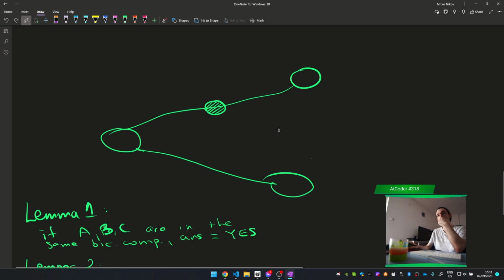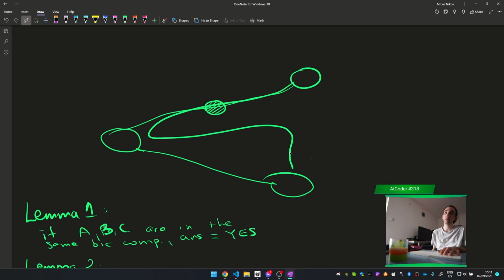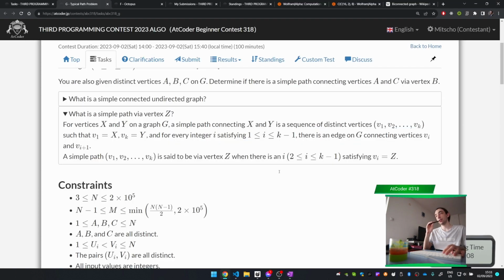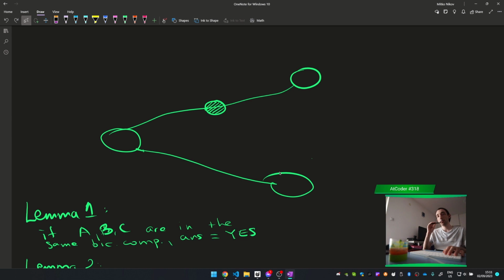Because if it visits any node that is in this region, well, no, actually, you could visit like that and still be a simple path there. So when will that never happen? If I assume that the answer is yes all the time, when wouldn't it be a yes?